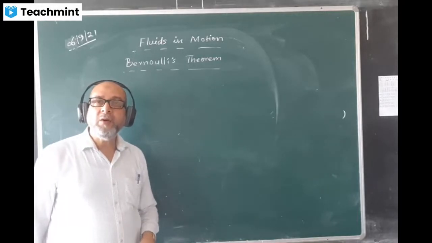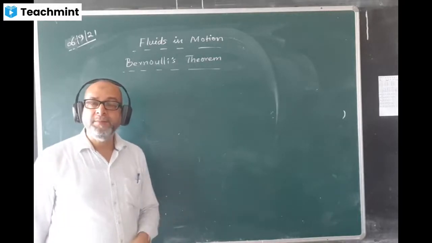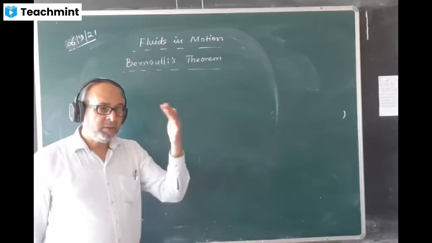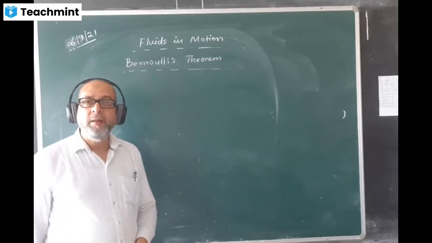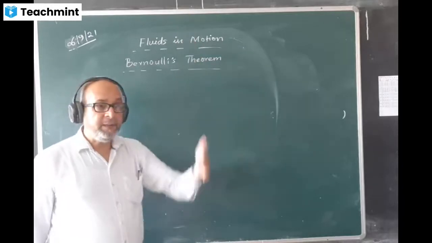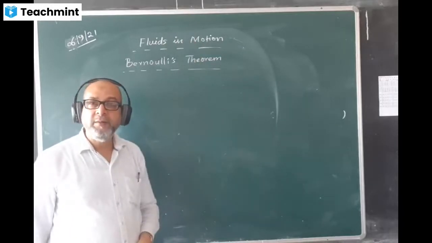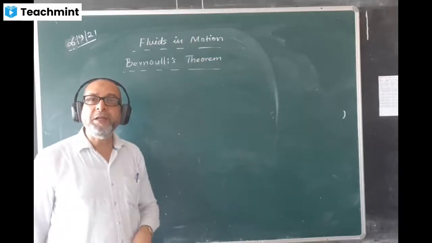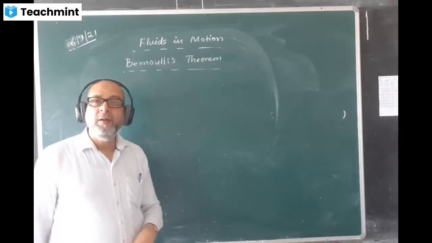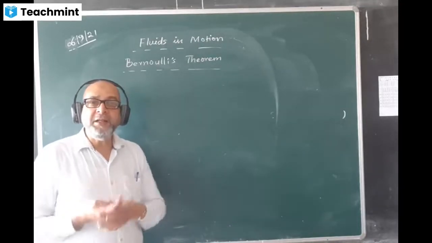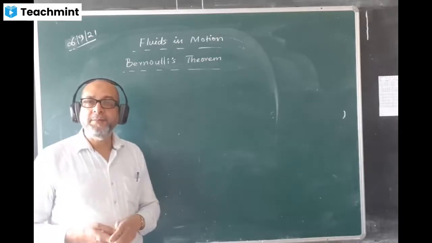And it has also a pressure energy, because liquid exerts pressure, and it may have the atmospheric pressure acting on it. We have potential energy, kinetic energy, and pressure energy, which may be a new term for you.